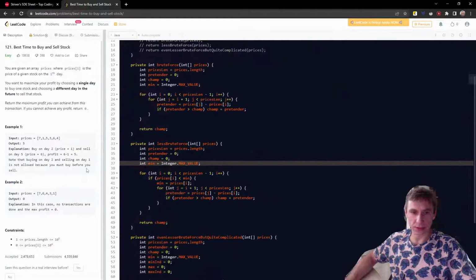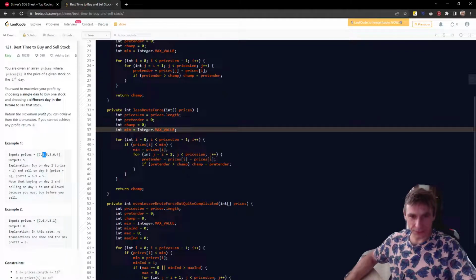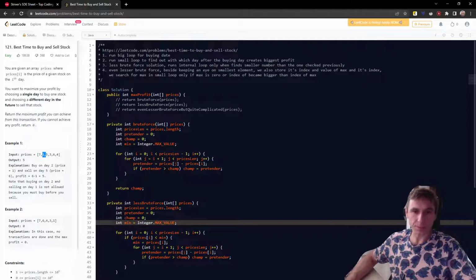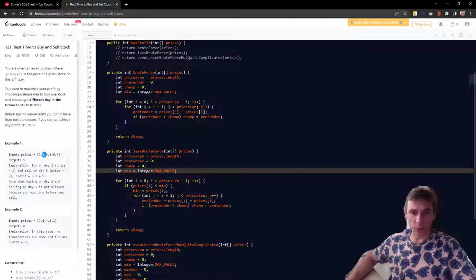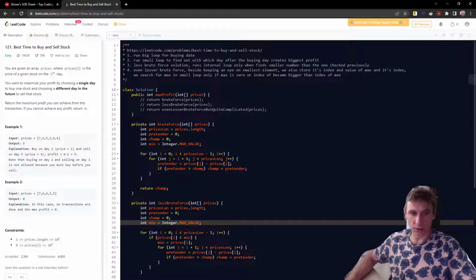Yeah, so basically I came up with a couple of solutions. The most brute force is iterating through the whole array in two loops.